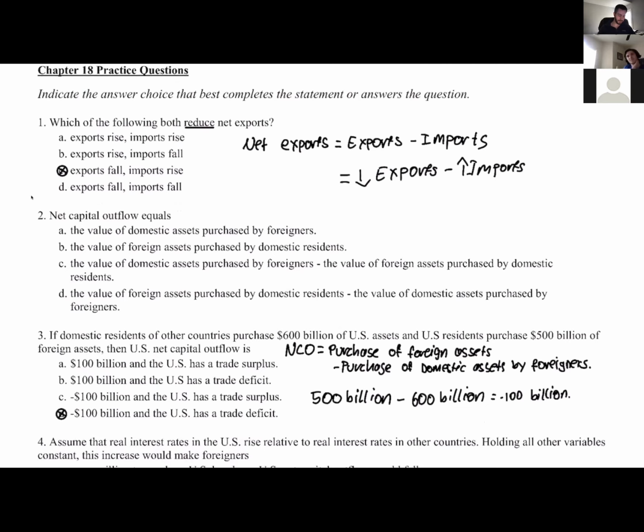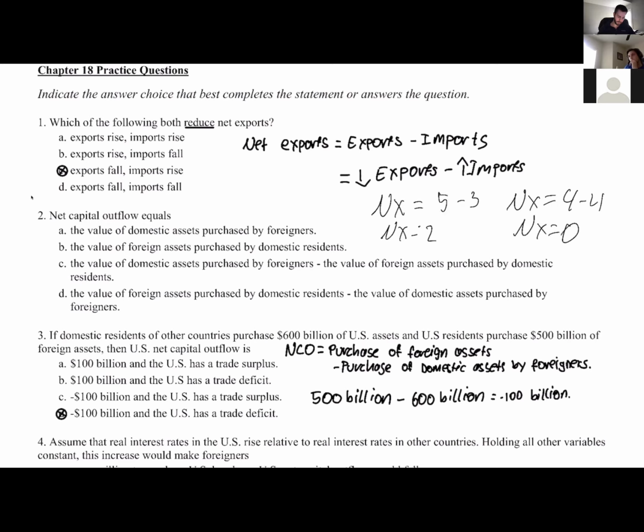I can also make a numeric example. Let's say net exports NX equals 5 minus 3, which means in that case NX would be 2. However, if exports decrease, which would be NX equals 4, do you see how this decreased by 1? And imports increase by 1, which would be 4 minus 4, and NX would be 0.